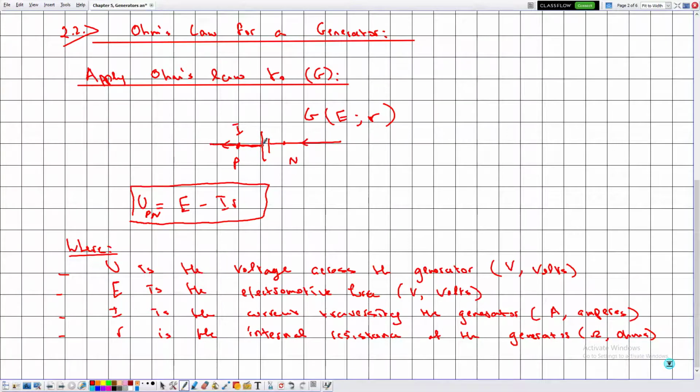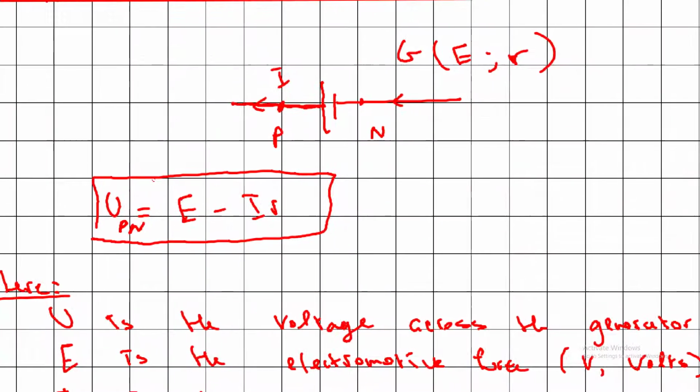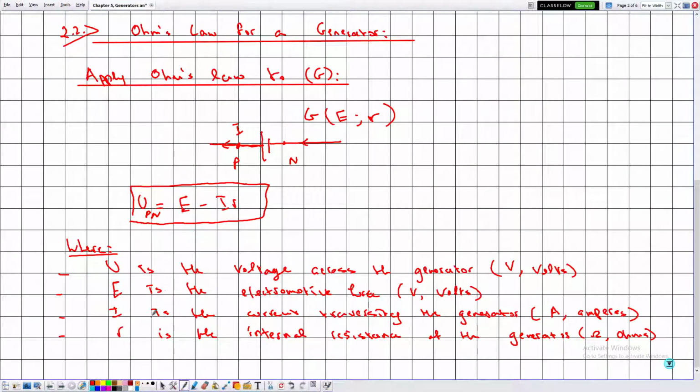Whenever we are measuring the voltage of a battery, the voltage will be measured from the positive pole to the negative pole. So this is extremely important whenever we are discussing the voltage across the generator and we want to apply Ohm's law. We need to move in the opposite direction of the current, or from the positive pole to the negative pole. I will be the current traversing the circuit and R is the internal resistance of the generator.